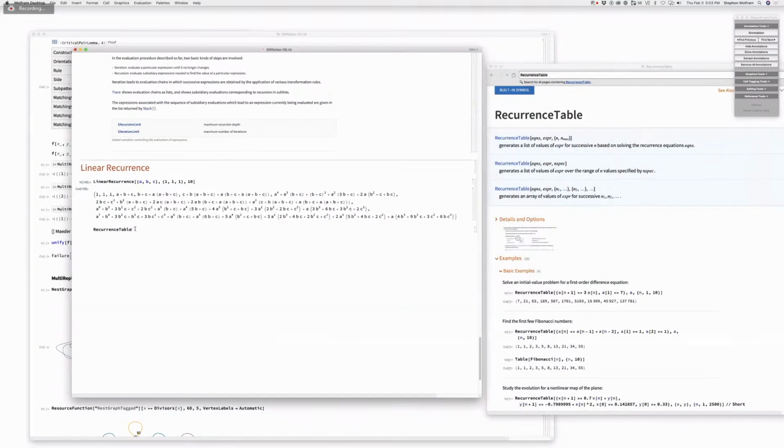I guess if you want equational input. Yeah, right. So what you're saying is f of n plus 2 equals a times f of n plus 1 plus b times f of n. Actually, I want it to be g of that or something. Maybe I'm just confusing myself here. F of n.